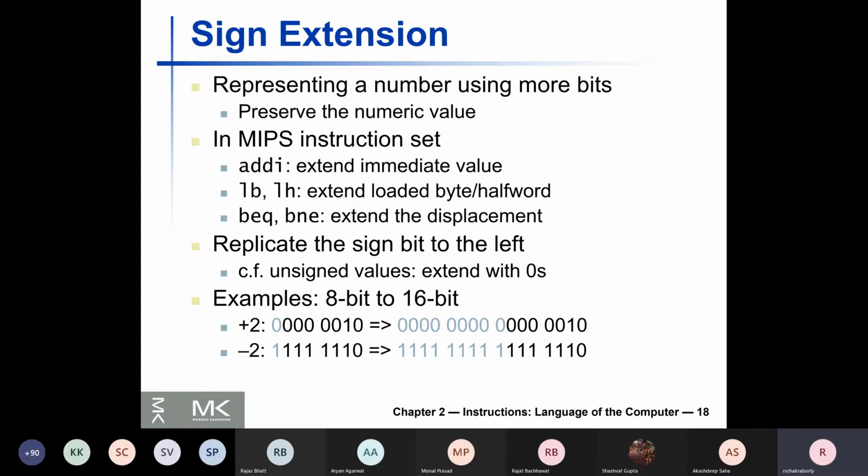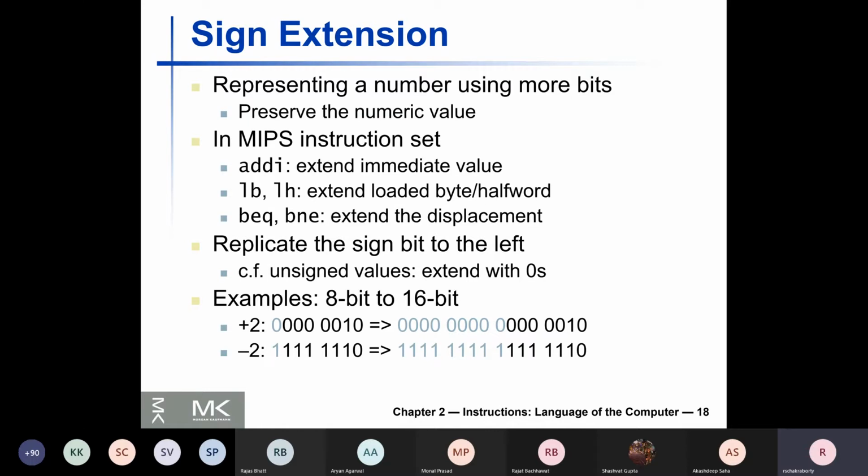Similarly, LH copies the least significant half word or double byte from a memory location to the least significant half word of a destination register. But in LB, 24 more places need to be filled up.